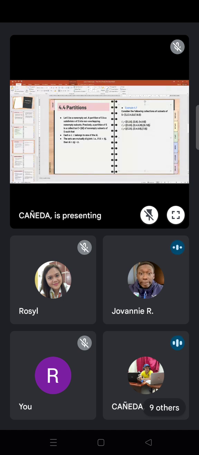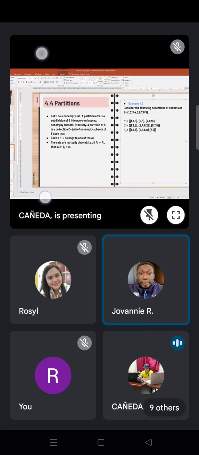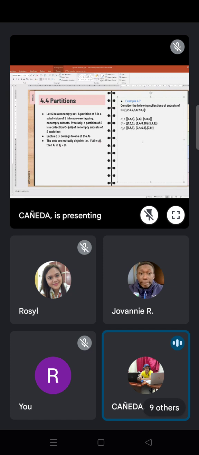So there should be a complete list of the elements. Your A1 is 1, 3, 5, your A2 is 2, 6, and your A3 is 4, 8, 9. Are they mutually disjoint? Yes, they are mutually disjoint, sir. However, there is an element lacking, which is 7. Therefore, it does not define a partition.